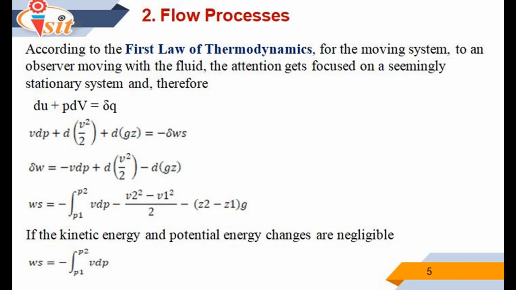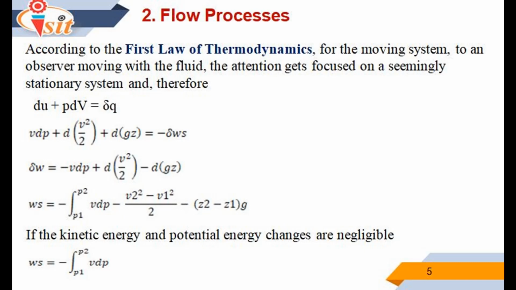Then this equation reduces to VdP + d(V²/2) + g dZ = -δWs. Means δWs = -VdP - d(V²/2) - g dZ.